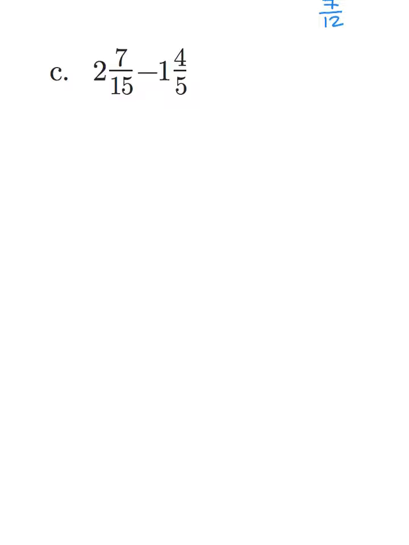So if we convert to improper, we are going to get 15 times 2 is 30, plus 7 is 37 over 15. For my second one, I get 1 times 5 is 5, plus 4 is 9 over 5.